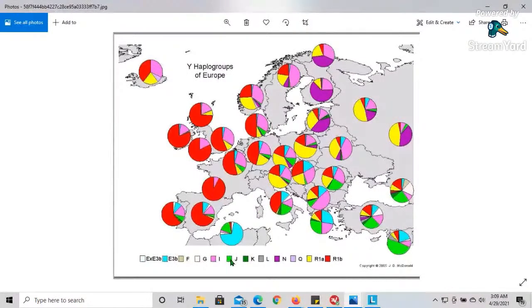Because the J is the green color. Of course, the more you get over here, the more green color you're going to have, because this whole swath between Italy, Greece, Turkey, and Iran is a huge population of Judaic people.